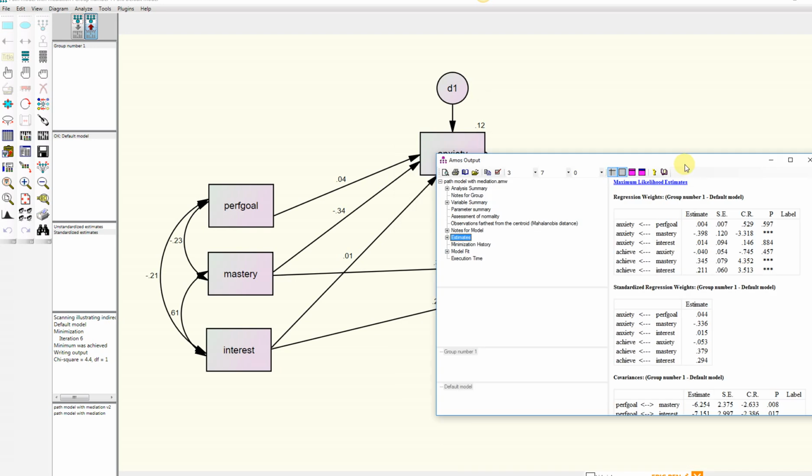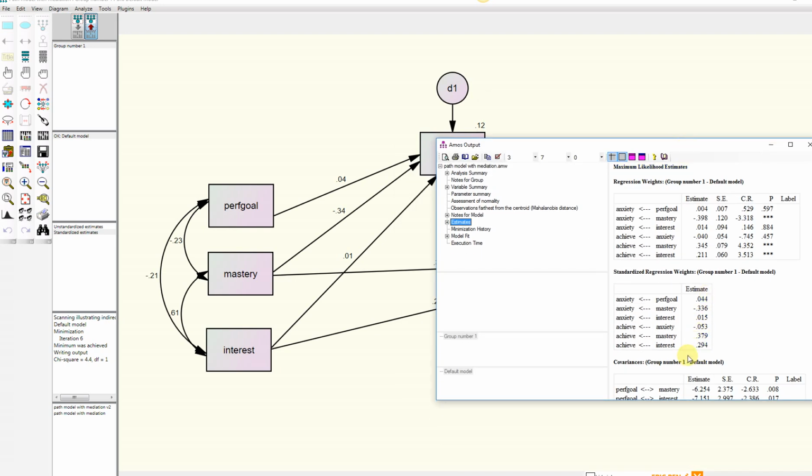We interpret the size or magnitude of the effects in terms of their absolute value. You can see mastery has a negative predictive relationship with anxiety. It has a positive relationship with achievement. The larger effect would be this one right here, with mastery running to achievement, with a beta coefficient of 0.38.